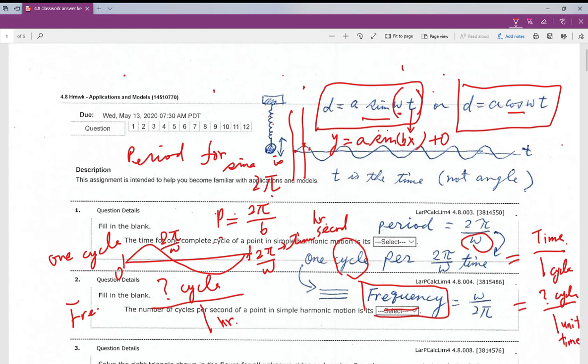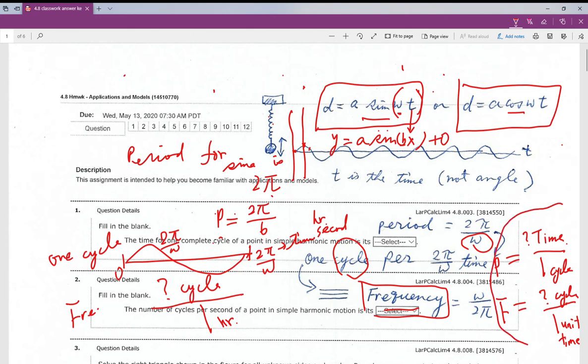Okay. So it's different. Period means how much time is required for one cycle. And the frequency means how many cycles will happen in one unit time. So basically they are just reciprocals. So that's all I can explain.